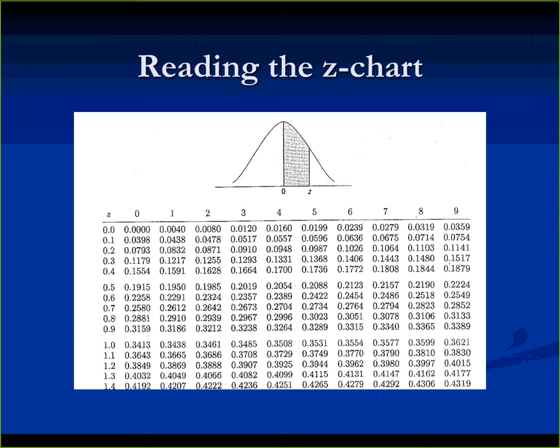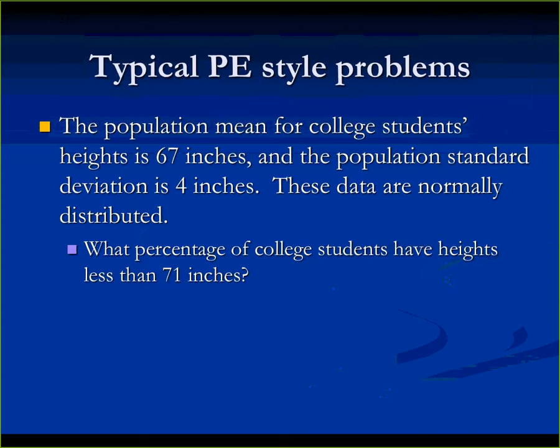So if I wanted to know the area under the distribution minus 0.72 standard deviations away from the mean, in other words, 0.72 standard deviations to the left of the mean, the area under my distribution would be 0.2642, and my drawing would look a little bit different. I'd have my hashed area starting from the center of the distribution and going to the left of the center of the distribution. So hopefully that makes sense.